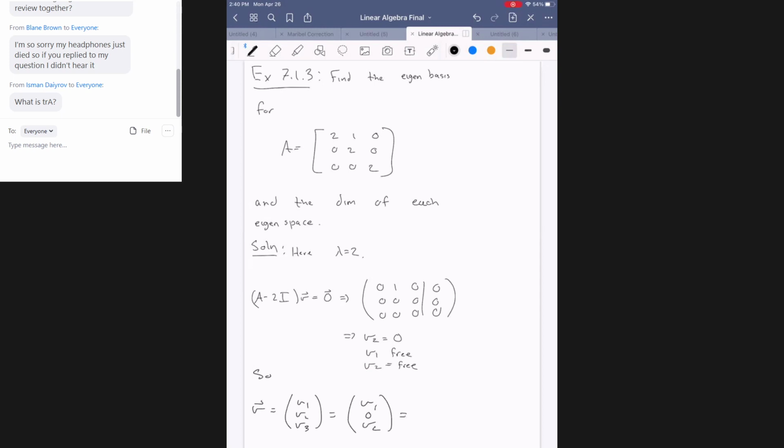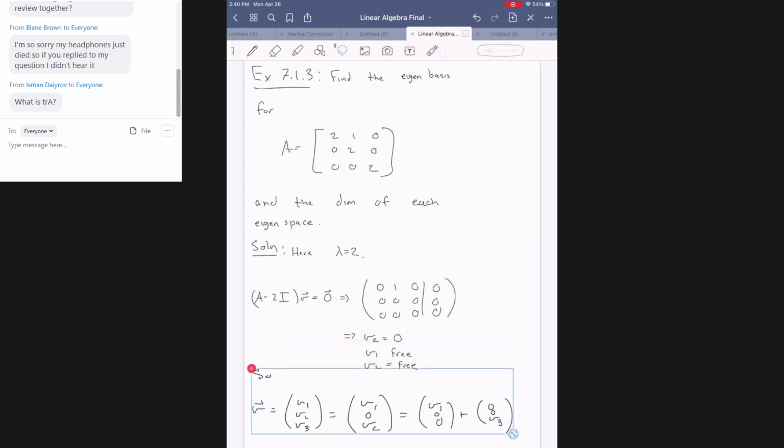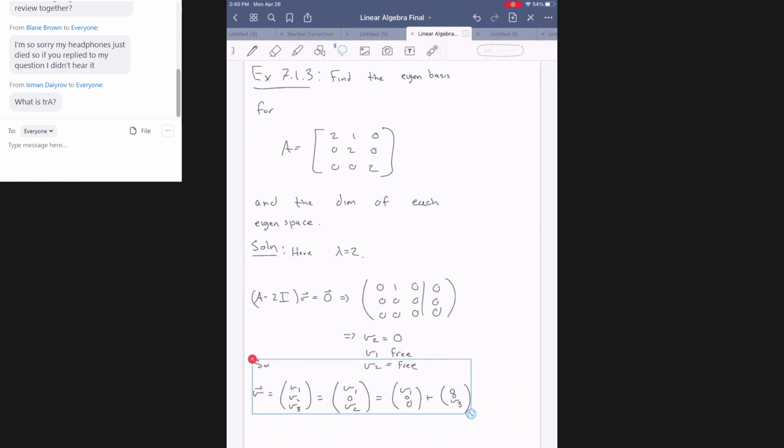So now just split them up: v1, 0, 0, plus 0, 0, v3.